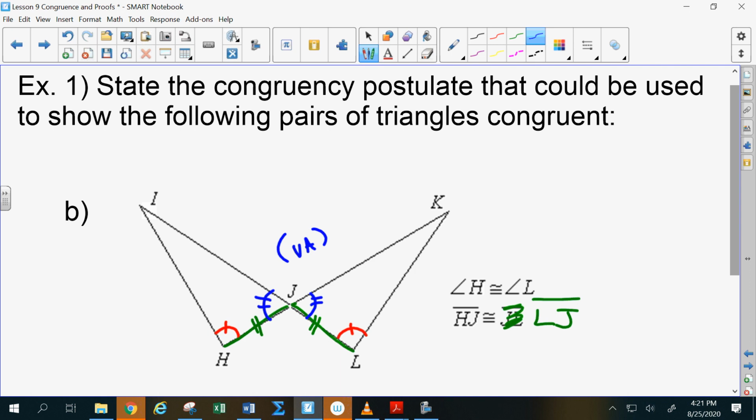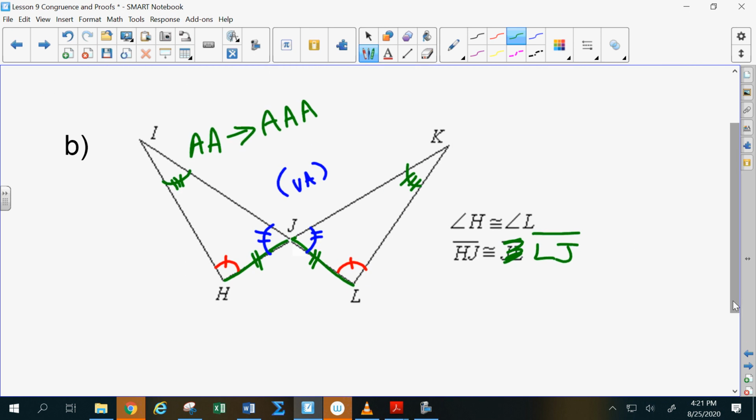So I am going to say that since I have two sets of congruent angles, the red ones and the blue ones, that means that the third set must be congruent, because if I have two sets that match up, the third set must also match up. AA implies AAA. Now I have all three sets of angles are congruent and one set of congruent sides. So I can say that these are congruent by angle, angle, angle, side.